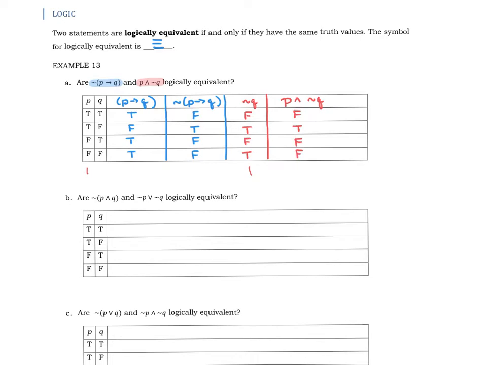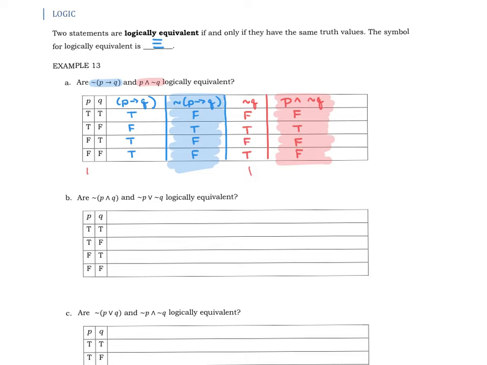Okay. Now, when you look at the two final statements that we were supposed to evaluate, there's one and here's the other, you will notice that their truth values are indeed the same. That means that these statements are equivalent.